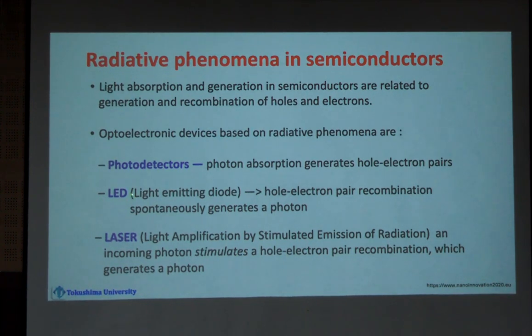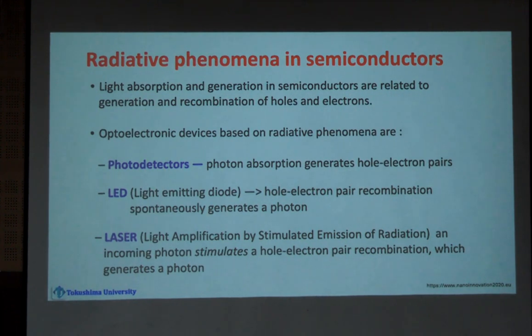In case of light emitting diode, electron hole pair recombination spontaneously generates a photon. And in case of laser, I think you already know what laser means. Laser means light amplification by stimulated emission of radiation.